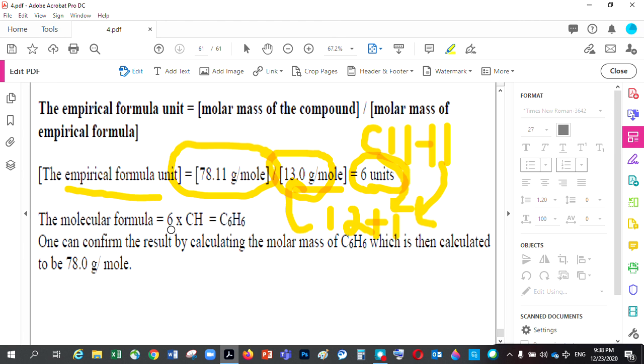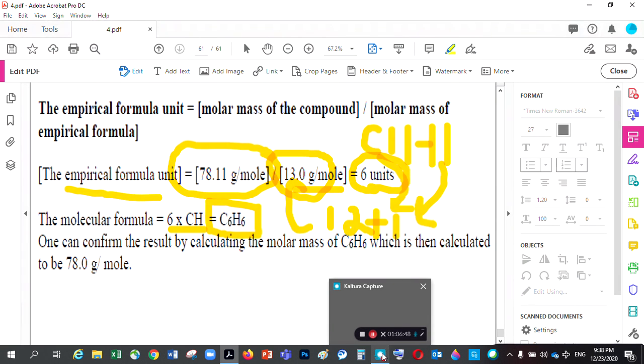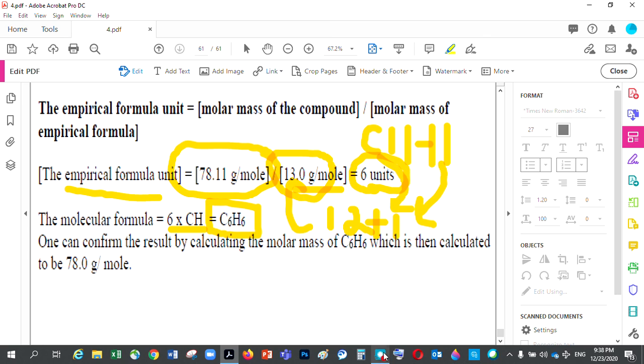So 6 multiplied by C1H1, and the molecular formula of the compound is C6H6, which is benzene. This is the structure of benzene. Thank you very much for listening.